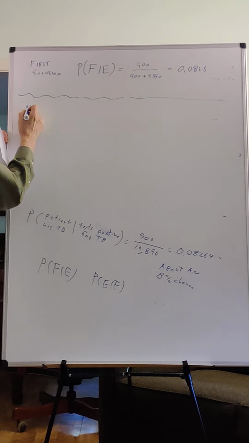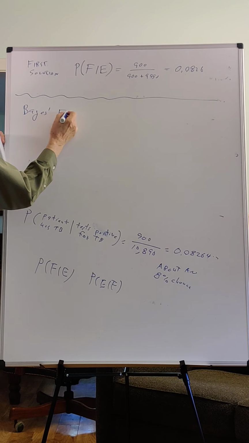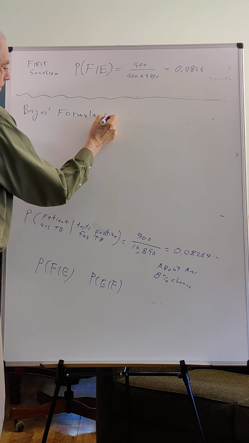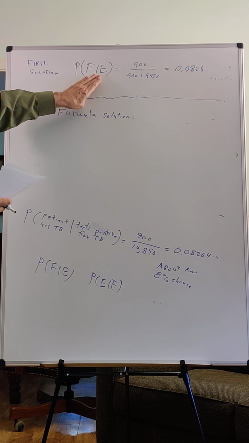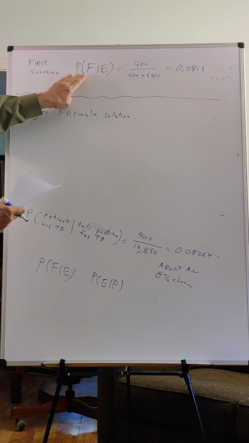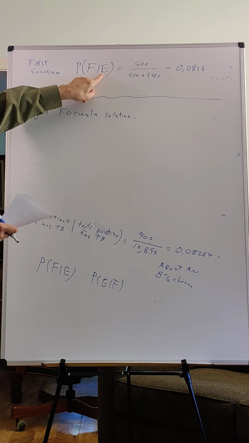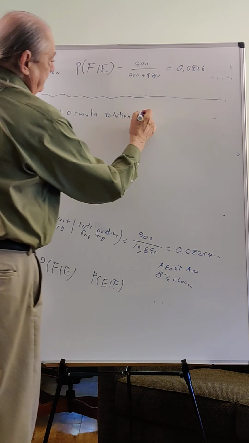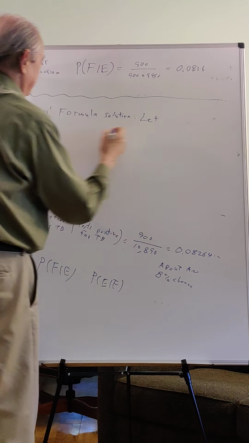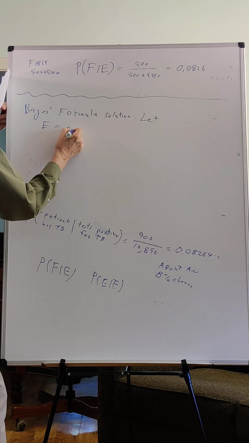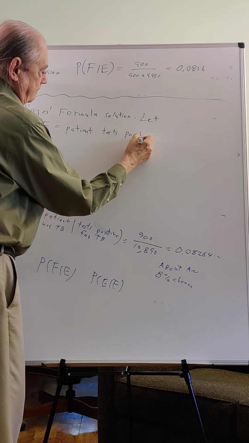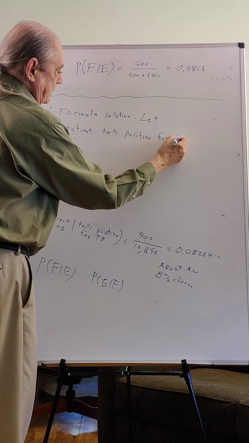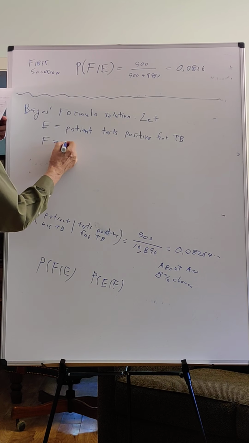Okay, here's the Bayes formula solution. So we need to define events E and F so that the answer to the problem is the probability of F given E. What we're given in the problem statement is the patient tests positive for TB. And F is that the patient really has TB.